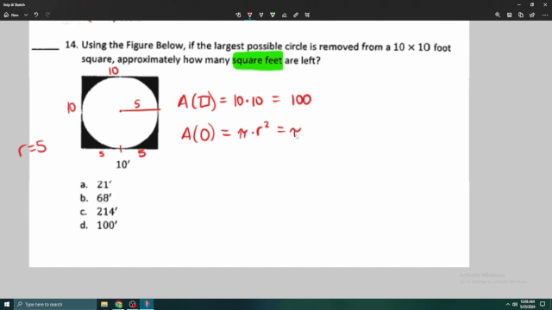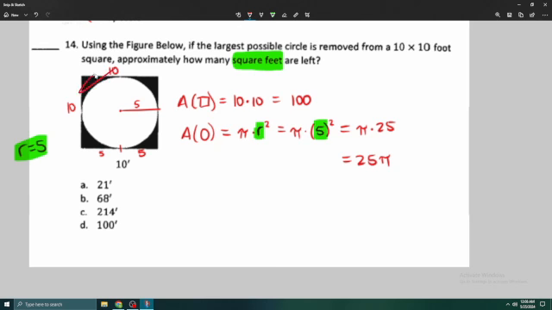We know that r, not r squared, is 5. So let's replace that value: pi times 5 squared. We know that 5 squared is just 5 times 5, which is 25. So 25 pi.